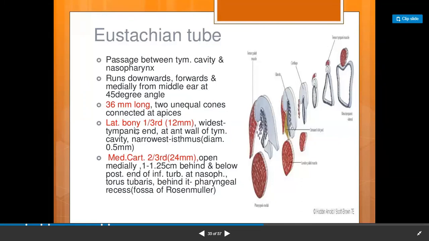Laterally it is made up of bone, the lateral bony one-third, which is 12 mm, with the widest tympanic end at the anterior wall of the tympanic cavity. The narrowest part is the isthmus, with a diameter of 0.5 mm. The medial cartilaginous part opens medially, 1 to 1.25 centimeters behind and below the posterior end of the inferior turbinate at the nasopharynx. Behind the torus tubarius is the pharyngeal recess, called the fossa of Rosenmuller.